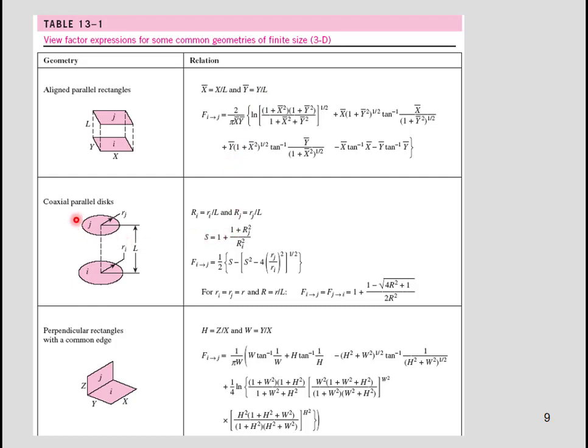For two coaxial parallel disks whose radii are Ri and Rj, this view factor can be calculated by this equation.